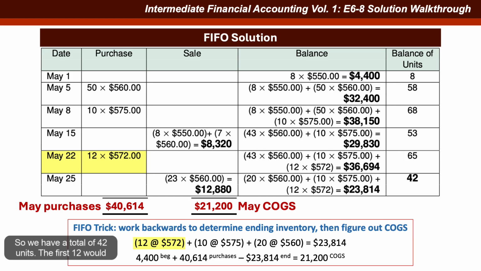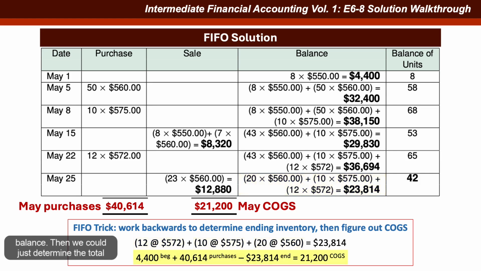The first 12 would come from the inventory at $572. The next 10 would come from the inventory purchase at $575. So that's a total of 22 units, which means the remaining 20 units would have a cost of $560 attached to them. So 12 at $572 plus 10 at $575 plus 20 at $560 equals a $23,814 ending inventory balance.